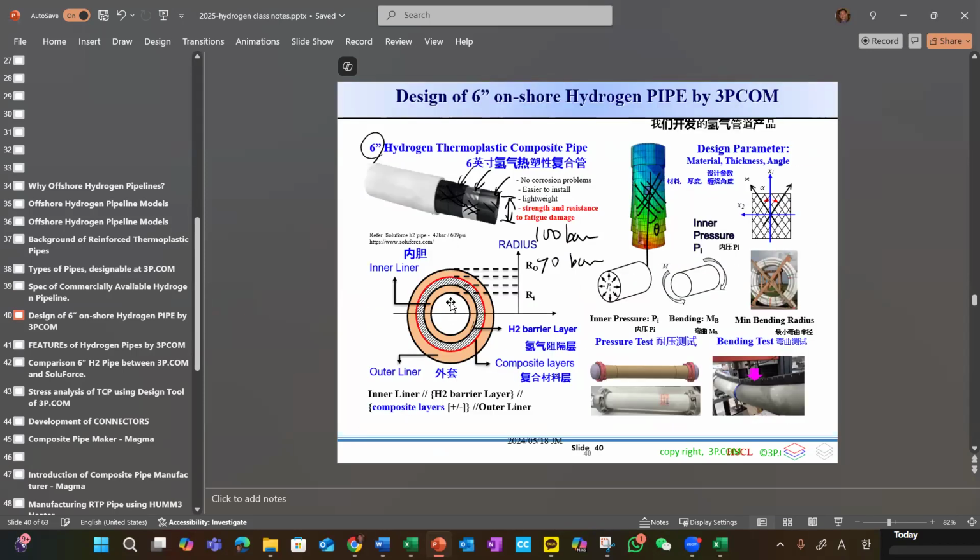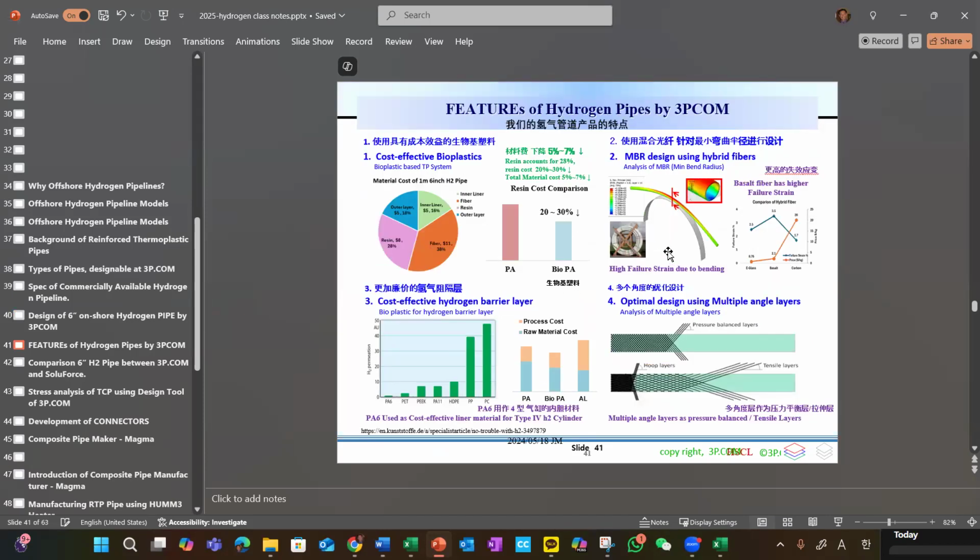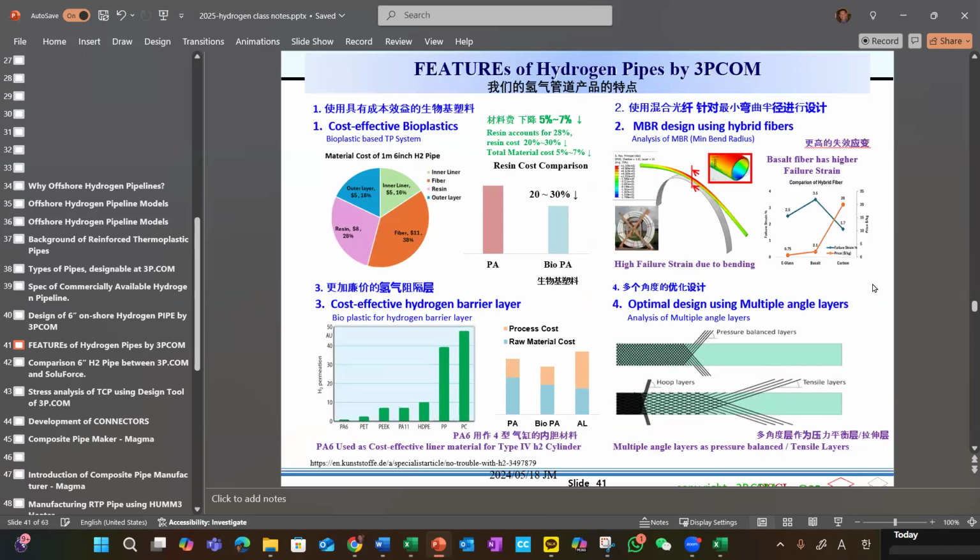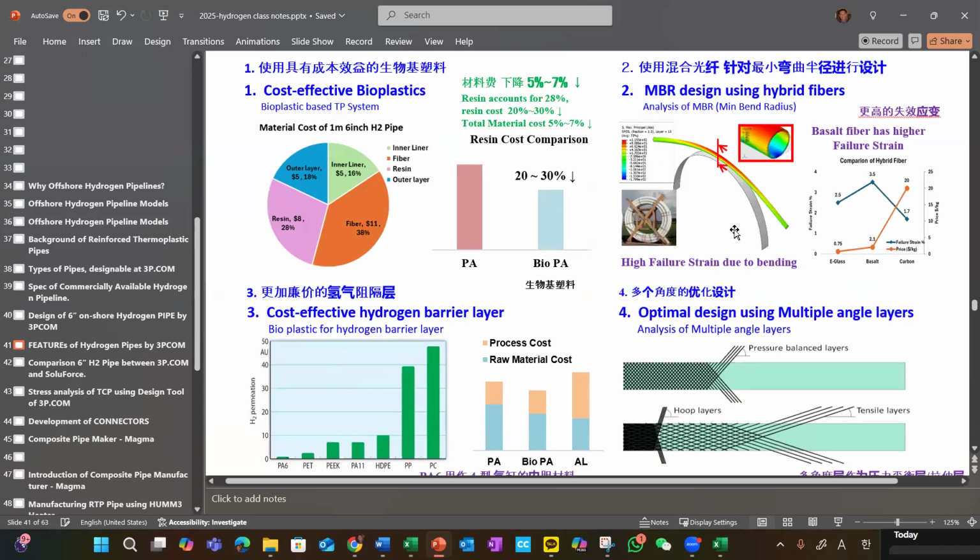Basically, we have an inner liner, outer liner, and then inside there's a composite, mainly glass. And this can be curved like this. And then we have two critical loads. One is bending, and the other one is the pressure.